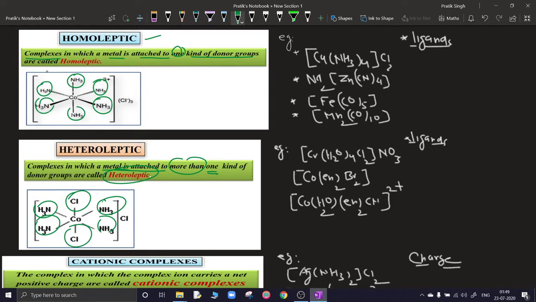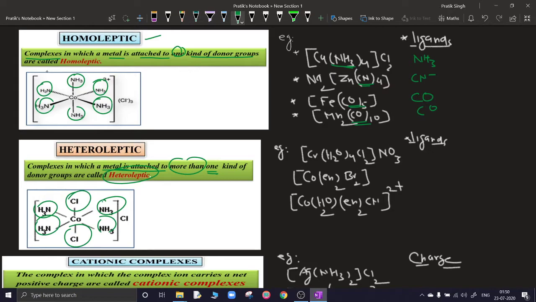In this, the ligand present is ammonia. Here it is cyanide. This is CO, carbonyl, and again carbonyl. Can I say all these complexes consist of only one type of ligand? Since they consist of only one type of ligand, they are referred to as homoleptic complexes.